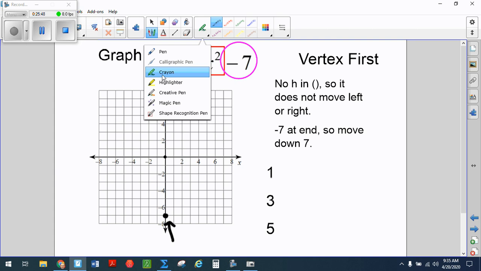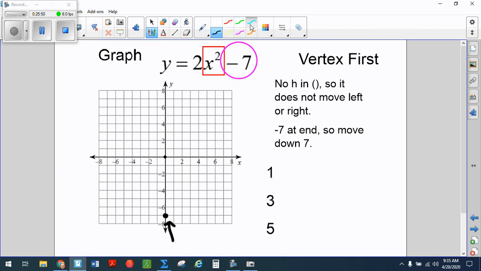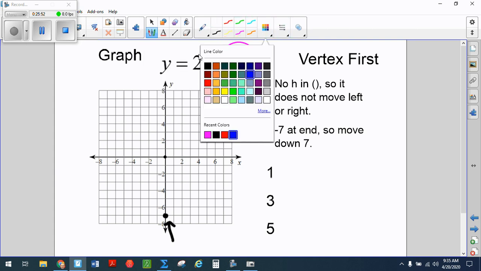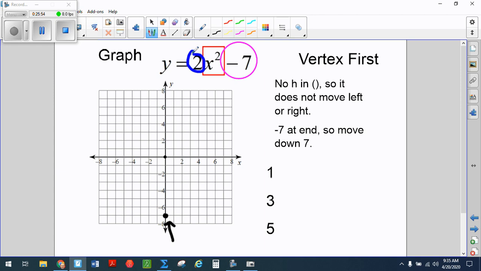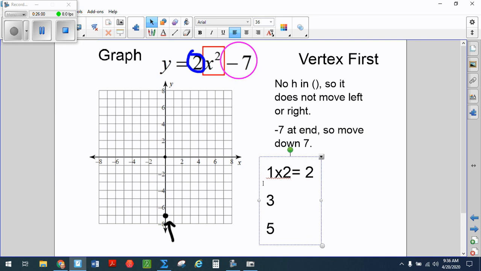So blue 2 in front. What I'm going to do with this 1, 3, 5 is multiply it by 2. All these numbers in the pattern get multiplied by 2, and that's going to tell me what to go by.